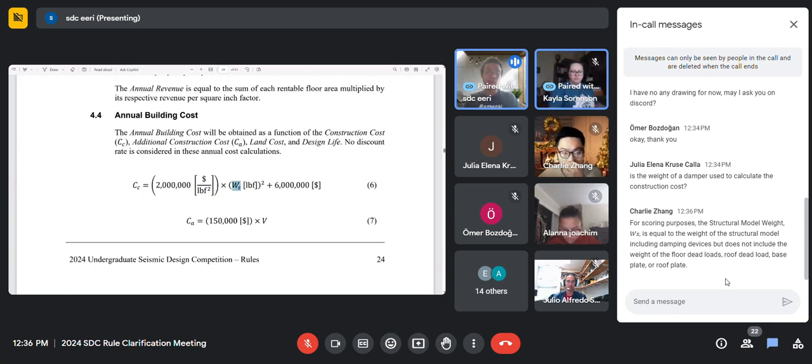If you don't get your dampers approved, they won't be part of your system, in which case the building weight would not include them. This is the weight of your structural model, measured on shake day. I hope that answers the question.